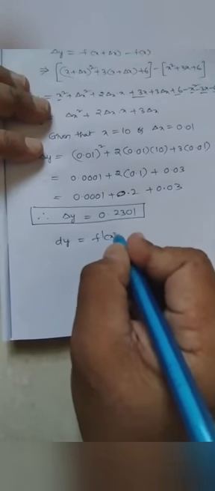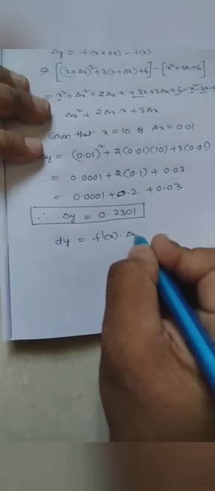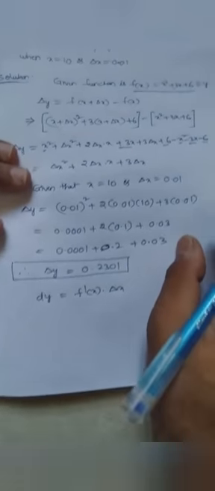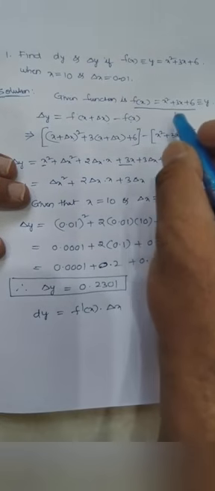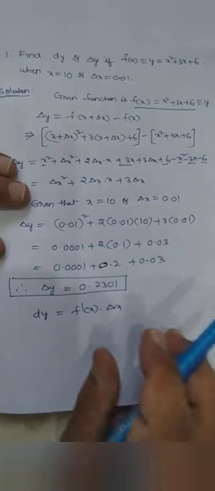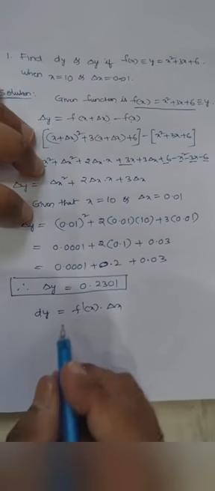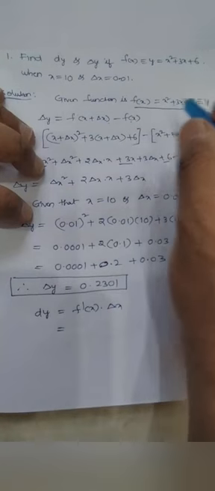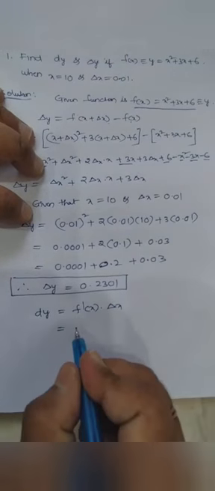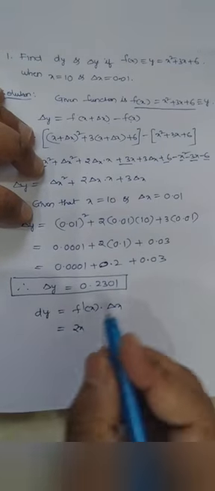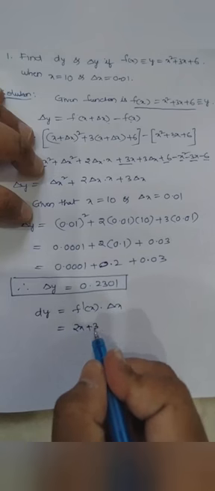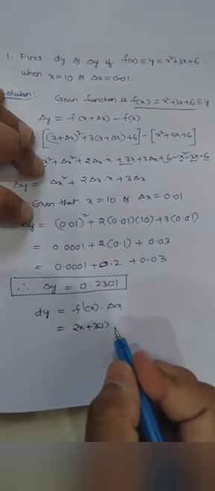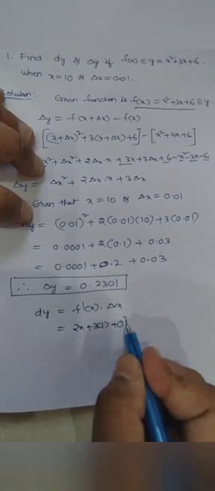Here f of x is x square plus 3x plus 6. So f dash of x is the derivative of x square, which is 2x, plus 3 into the derivative of x, which is 1, and the derivative of the constant is 0.